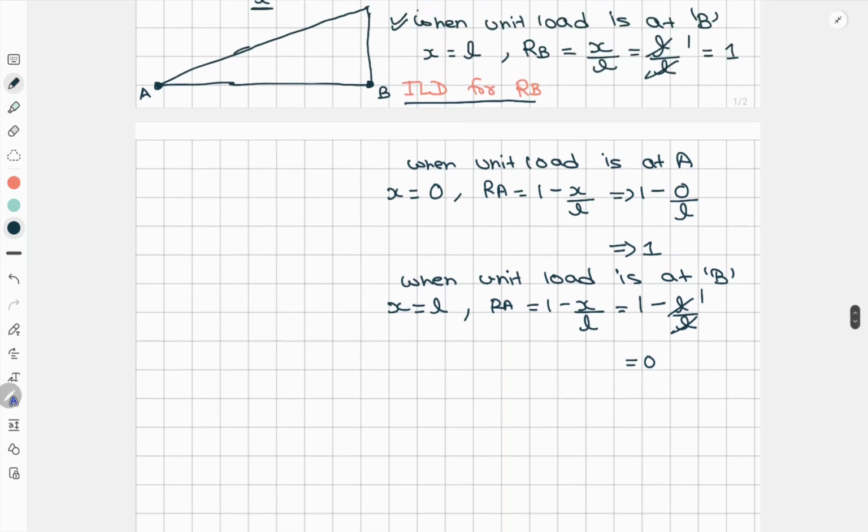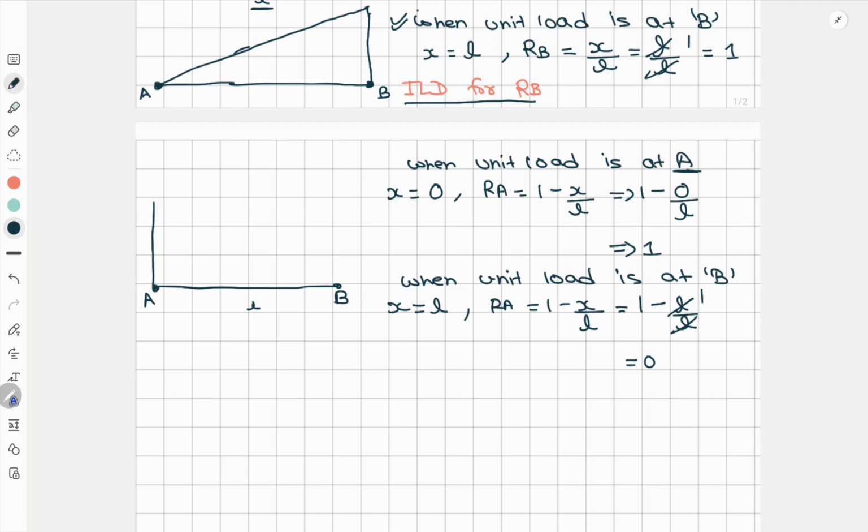Now again we have to draw the ILD for RA. So this is A and B point. Now in this boundary condition, what it says is that when X is equal to 0, when the load is acting at A, right? So X will be 0, RA value will be 1. So RA value will go upward. But in the second condition, when the X value is L, then RA value will be 0.